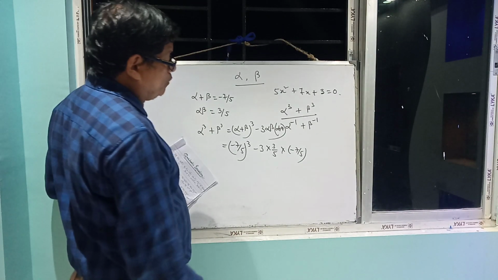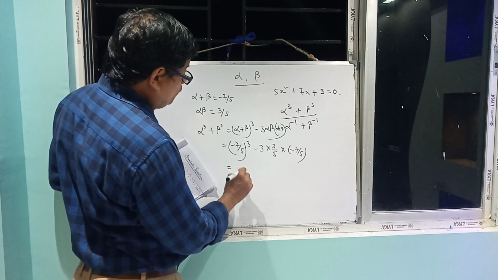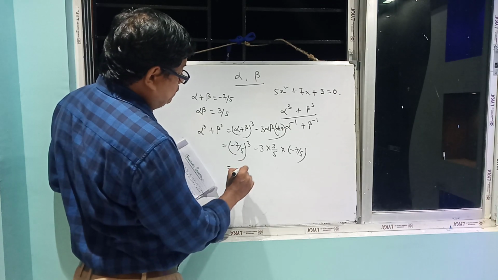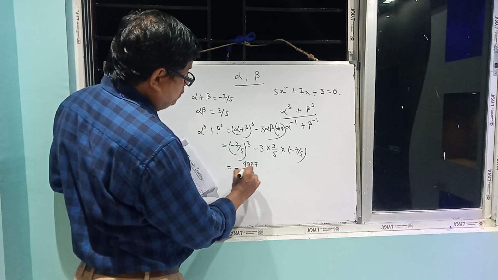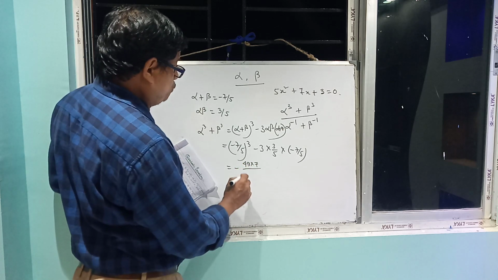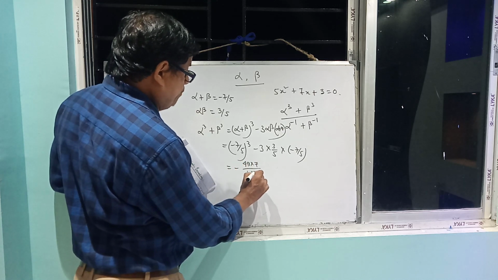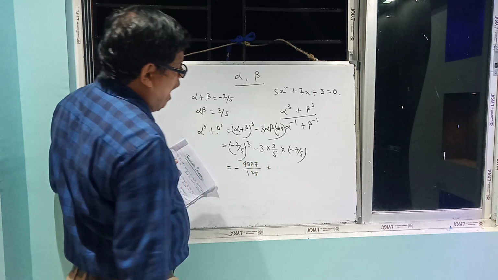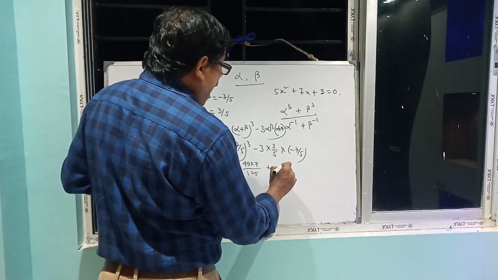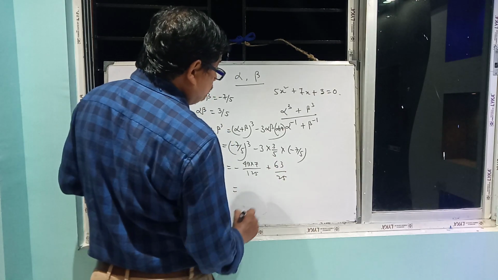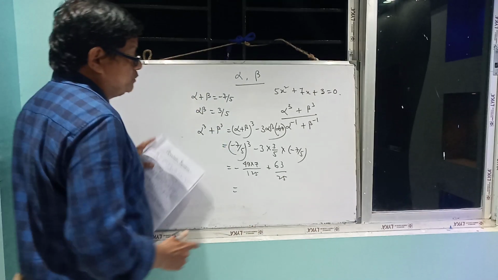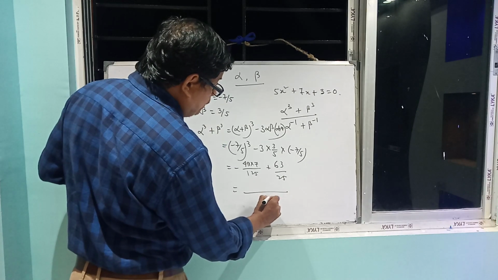Understood? Now, minus 49 into 7 over 125 plus 63 by 25. Understood? Now the LCM is 125.